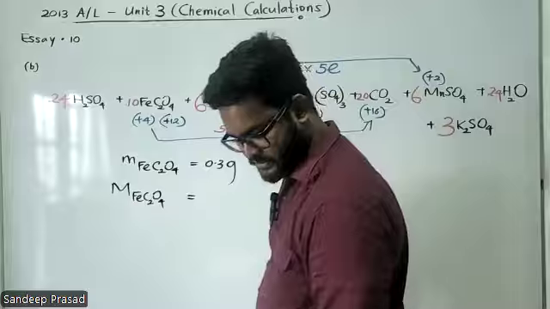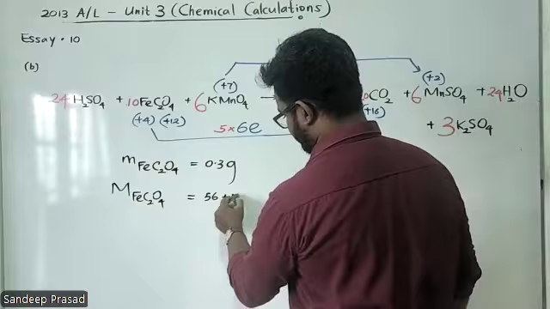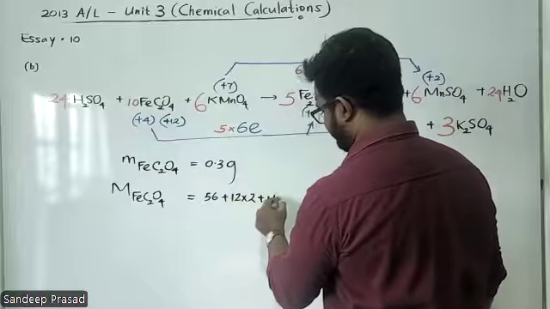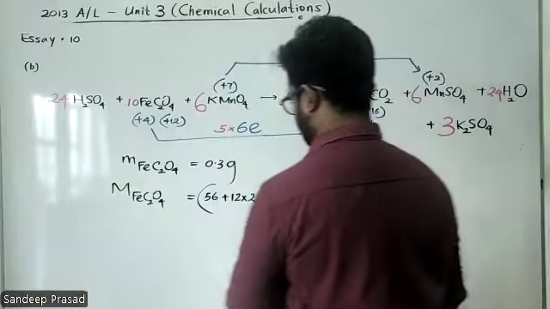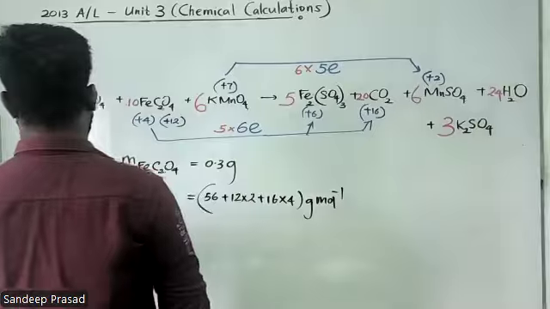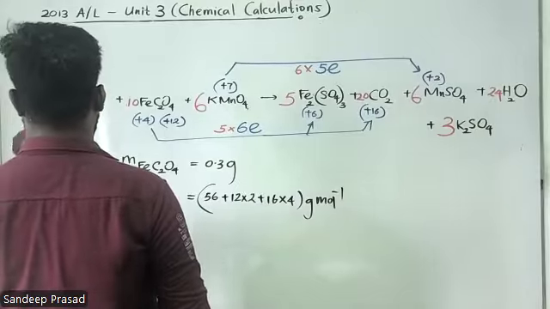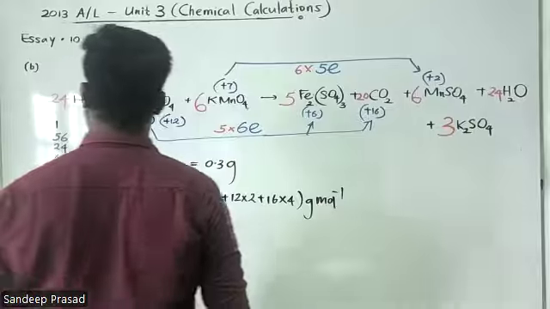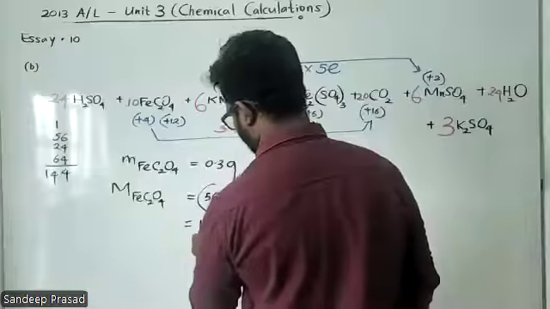Iron is 56, carbon is 12 into 2, oxygen is 16 into 4, 144 grams per mole.